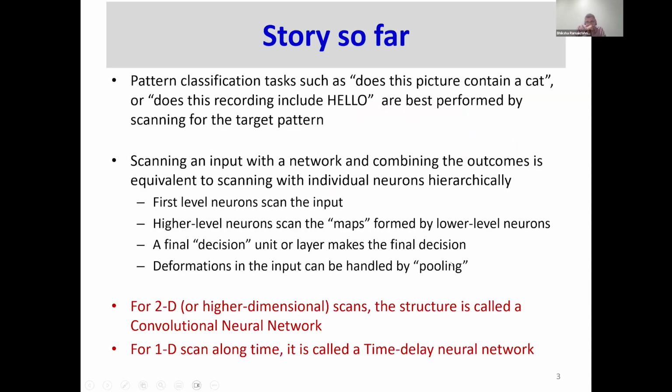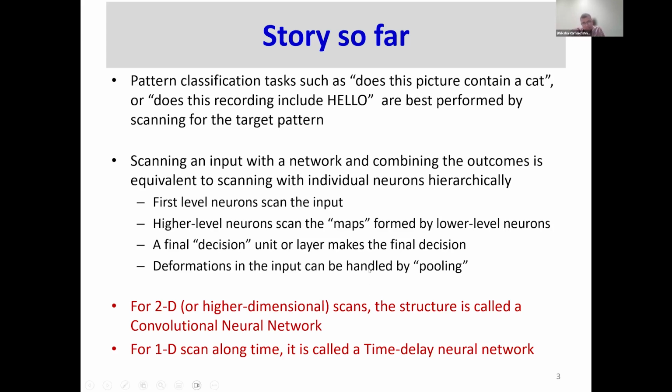We've seen that pattern classification tasks, such as does this picture contain a cat, or does this recording contain hello, are best performed by scanning for the target pattern. Scanning an input with a network and combining the outcomes is equivalent to scanning with the individual neurons hierarchically, where the first level neurons scan the input, higher level neurons scan the maps, followed by the lower level neurons, and a final decision unit or layer makes the final decision.